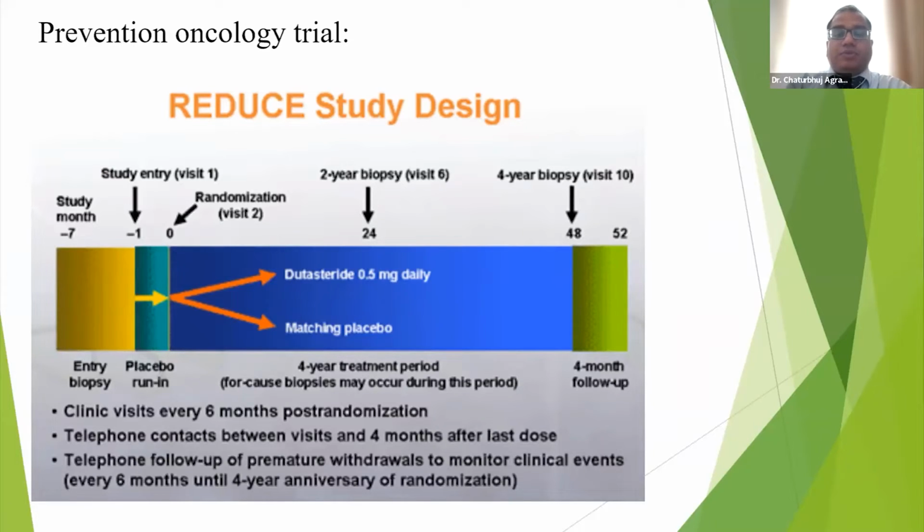At 4 years the biopsy was done, and it was found whether dutasteride is reducing the risk of developing prostate cancer or not. So this is a type of preventive oncology clinical trial.